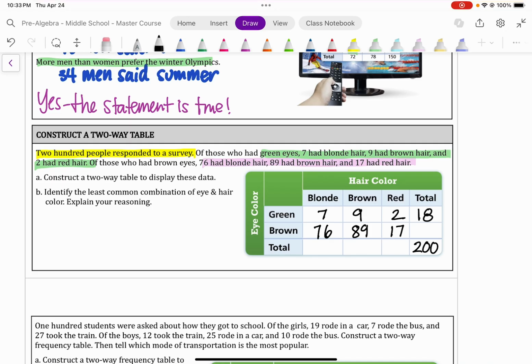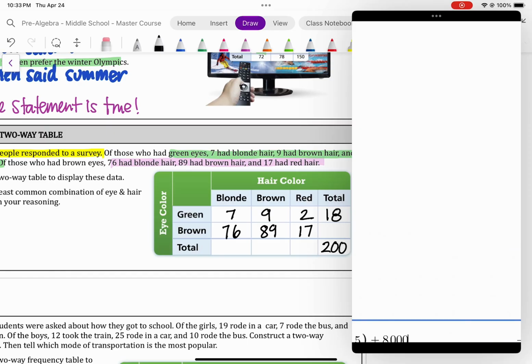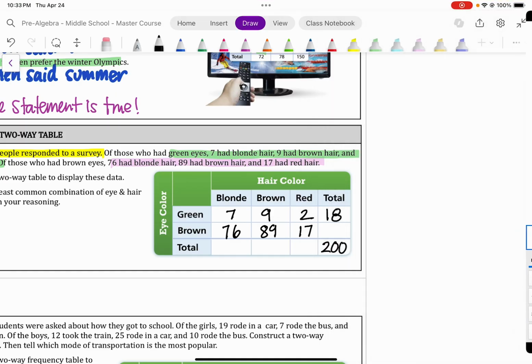And when we add those up, that should be a pretty big number. So 17 plus 89 plus 76 is 182.